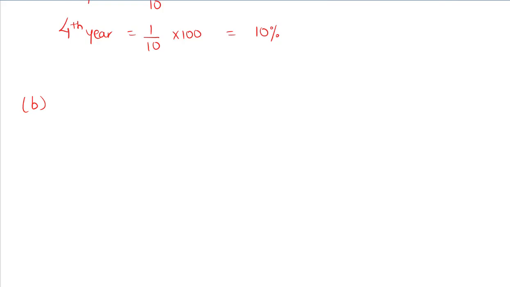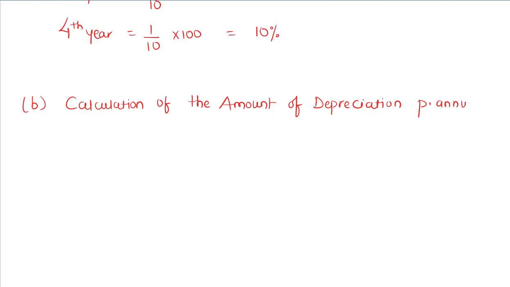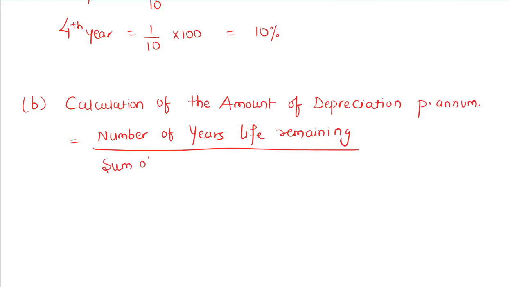Let us calculate the amount of depreciation now. Calculation of B. Amount of depreciation per annum equals number of years life remaining divided by sum of years digits multiplied by original cost minus scrap value.